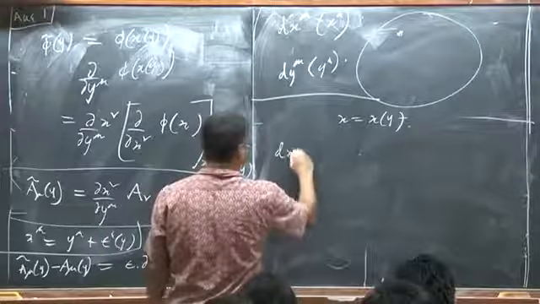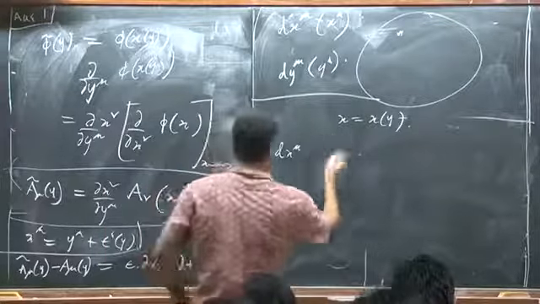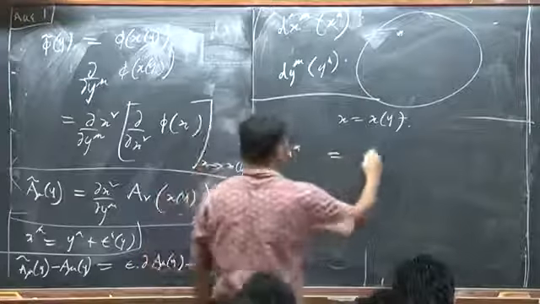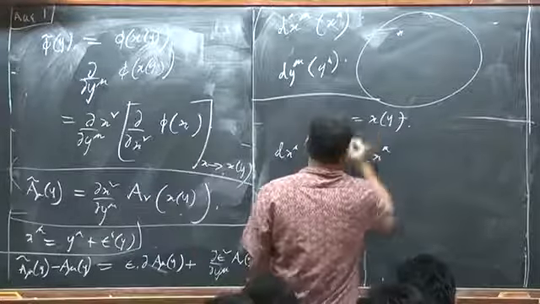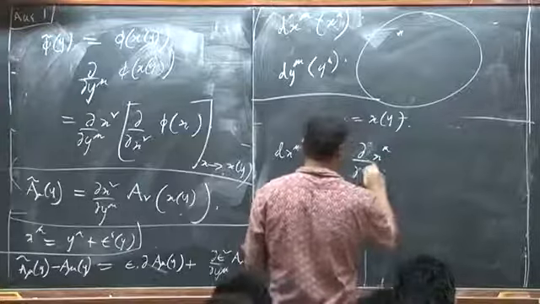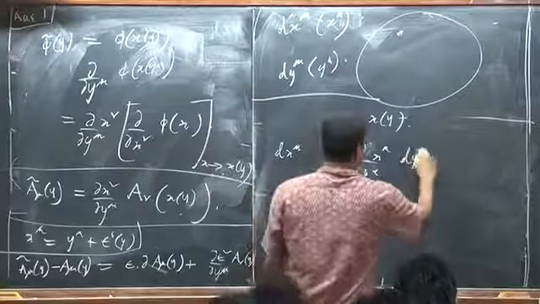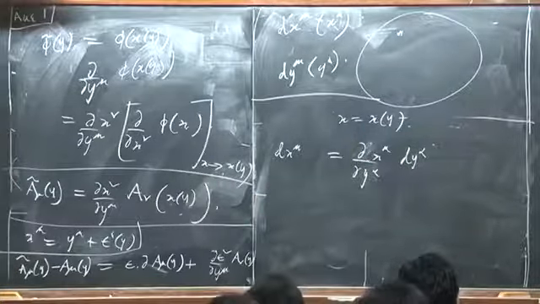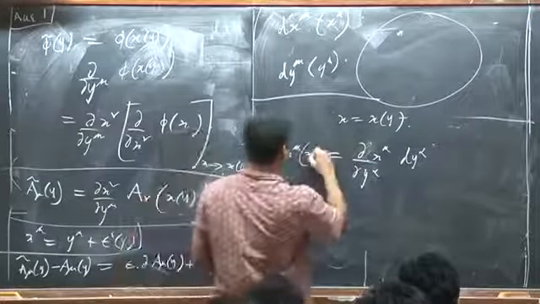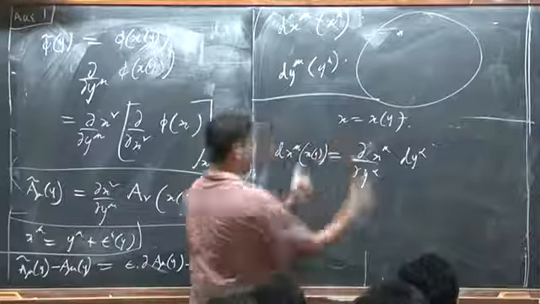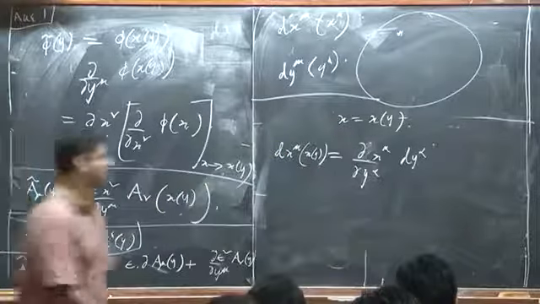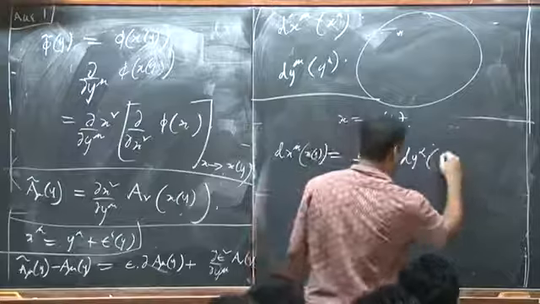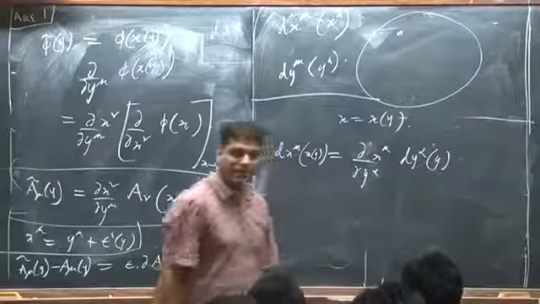So we get dx mu is equal to del x mu by del y alpha dy alpha. So this was at position x. I'm going to make everything a function of y.